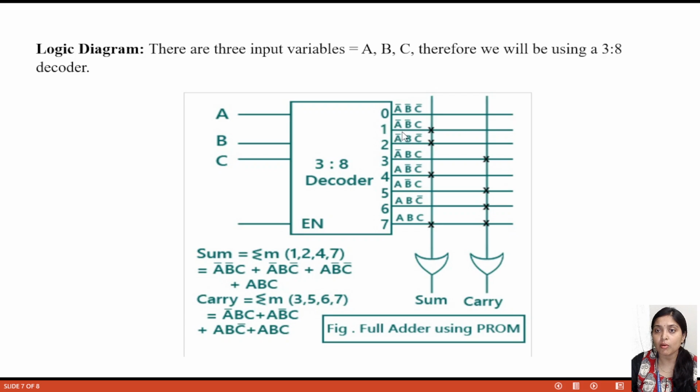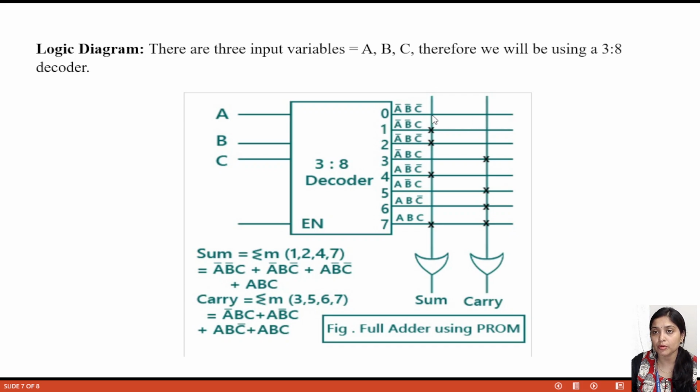And after that, 0 is A bar B bar C bar, 1 is A bar B bar C, 2 is A bar B C bar, 3 is A bar B C, then 4 is A B bar C bar, 5 is A B bar C, then 6 is A B C bar, then 7 is A B C. Now we have to make a connection. So how to make it? These are the output lines.